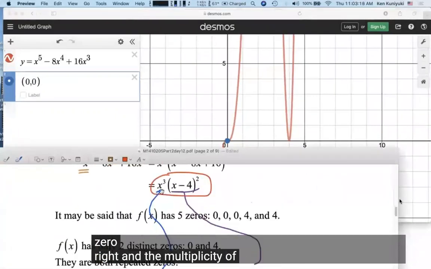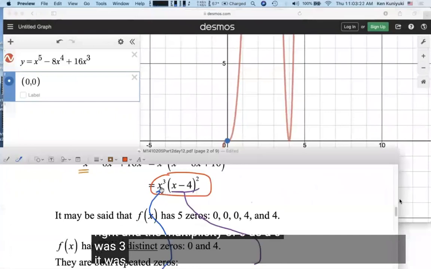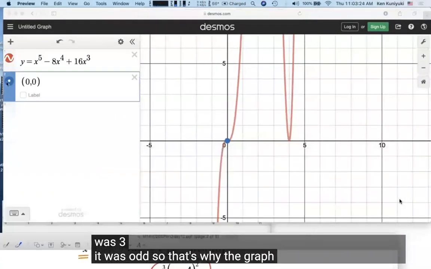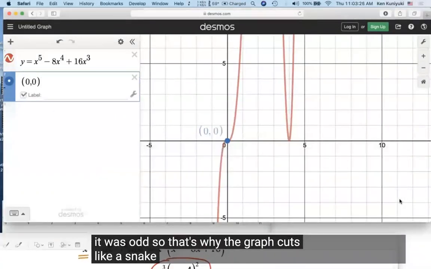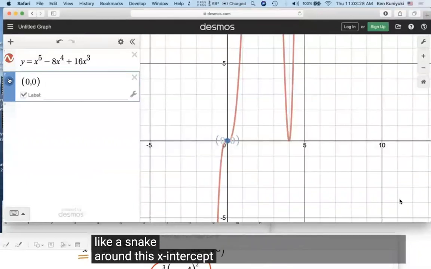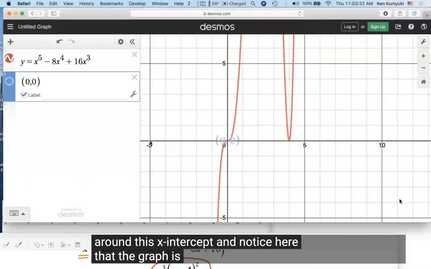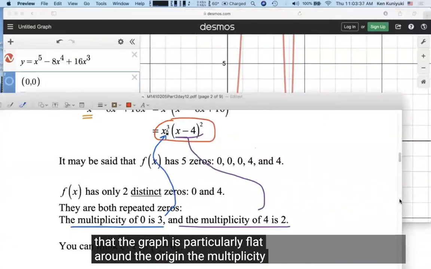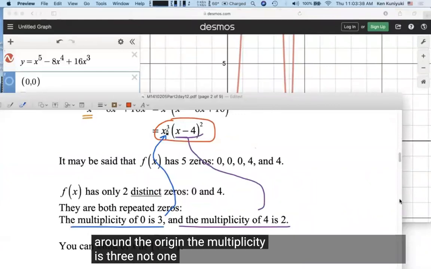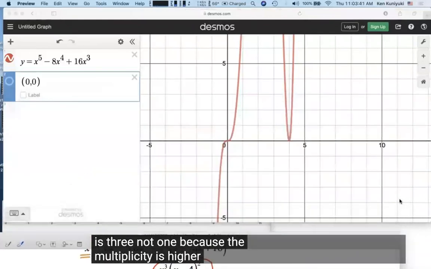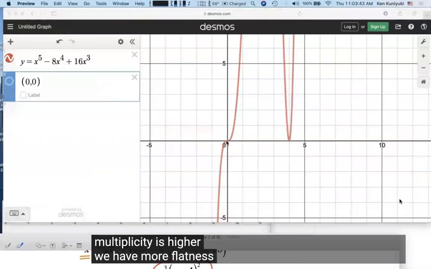And the multiplicity of 0 as a 0 was 3. It was odd. So that's why the graph cuts like a snake around this x-intercept. And notice here that the graph is particularly flat around the origin. The multiplicity is 3, not 1. Because the multiplicity is higher, we have more flatness near the origin.